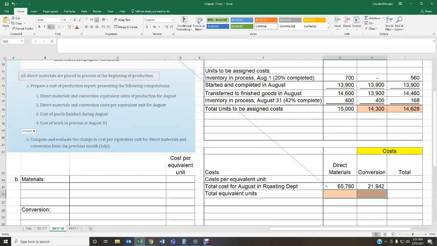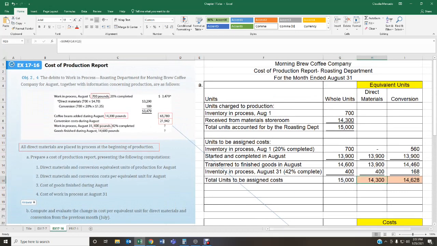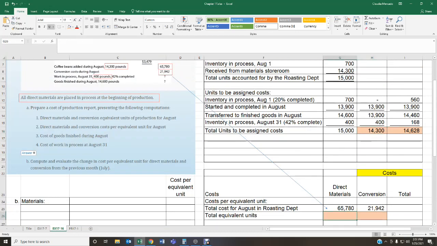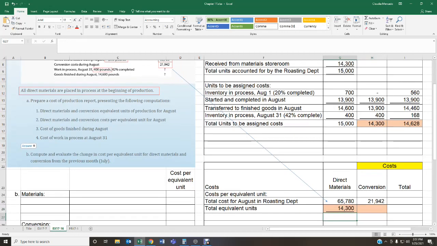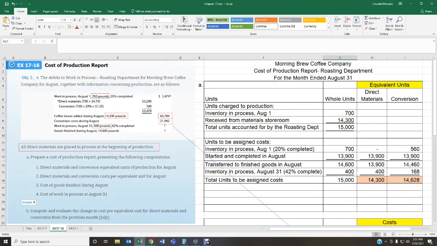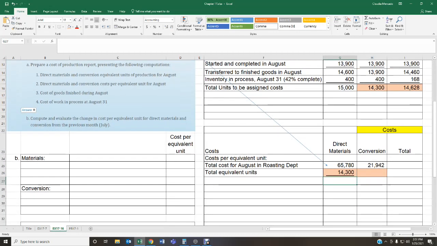Okay. So for direct materials, I've got my direct materials 14,300. So then that gives you that number right there. For your conversion, your equivalent units are 14,628. Okay. So that number is coming from right there. Okay. So your total equivalent units are coming from what we just calculated.